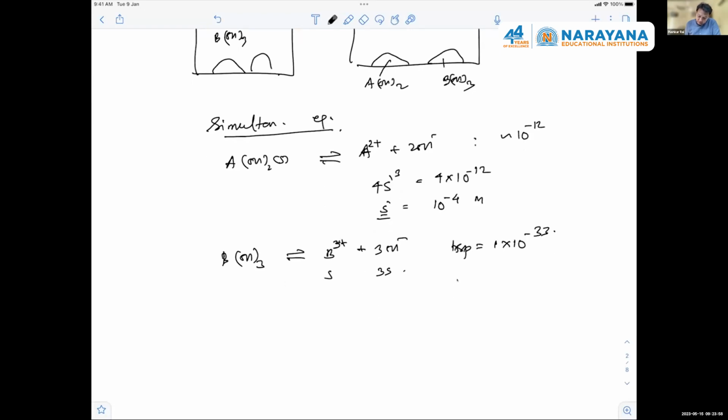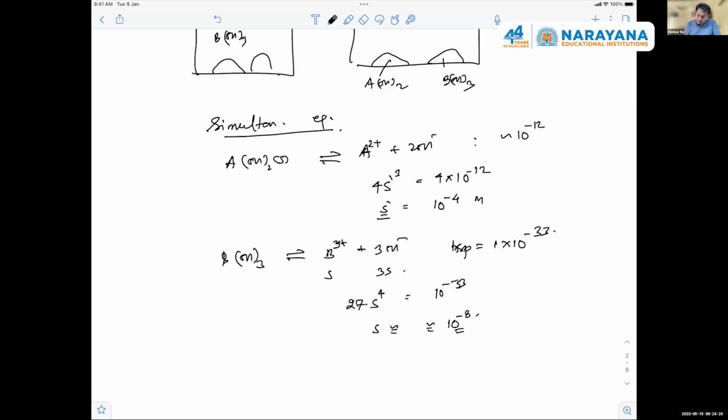Why? Because then 27 S raised to the power 4 is equal to KSP, which is 10 to the power minus 33. So that means S is going to be of the order of, even if you take 8, 10 to the power minus 8.